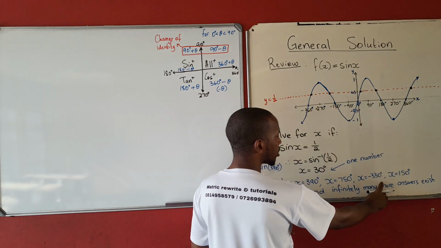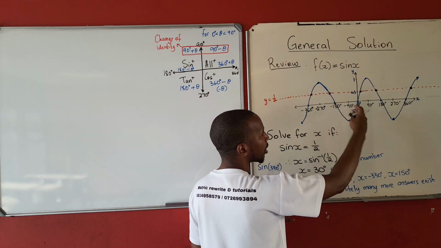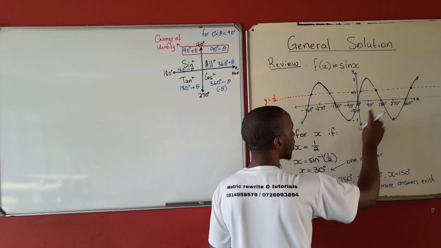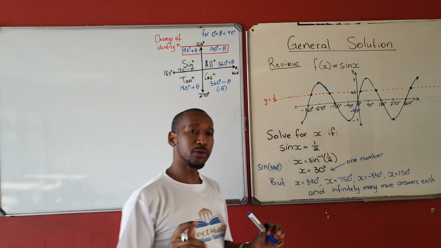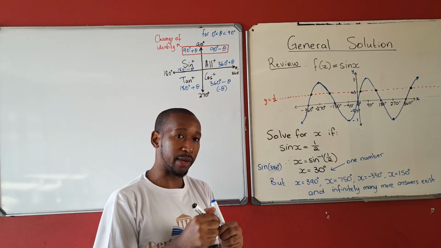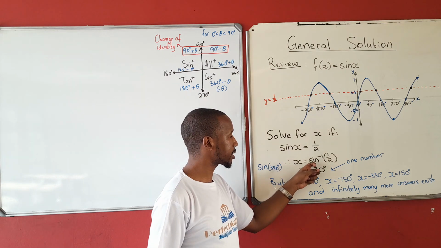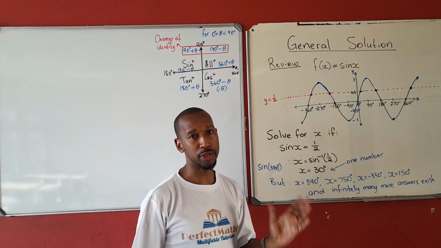Then this one here of negative 330 is the one for here, and there are a few others that were not listed, but the 150 is also here, and so forth. 390 comes up over here. So the problem has been made clear: what we get from the calculator by doing sine inverse of a half, which is 30 degrees, is not the full solution.